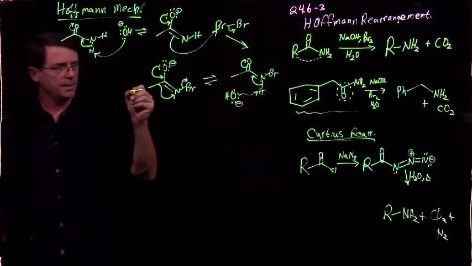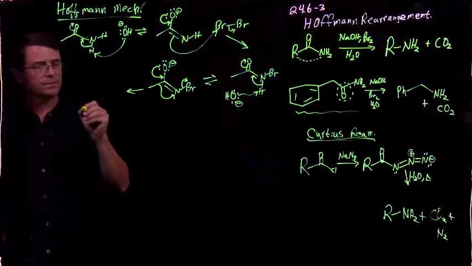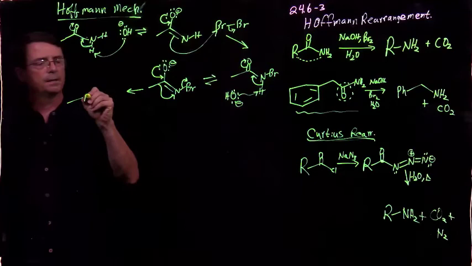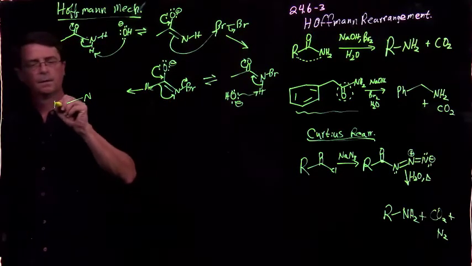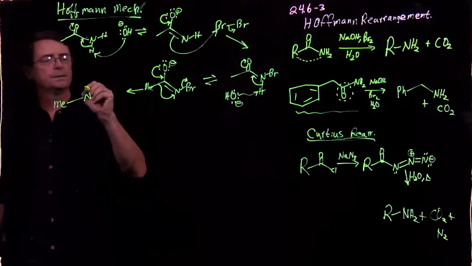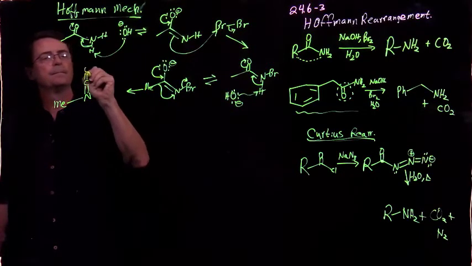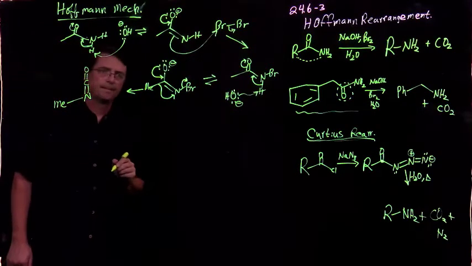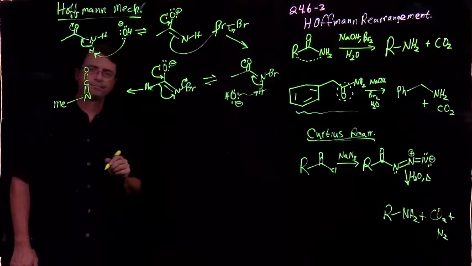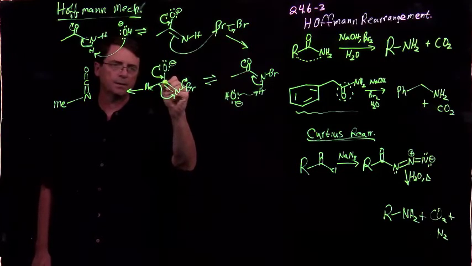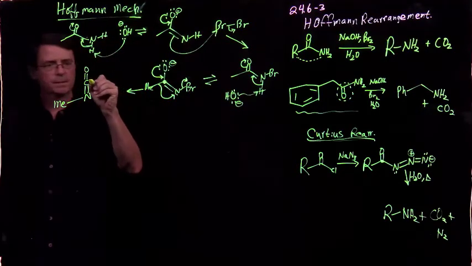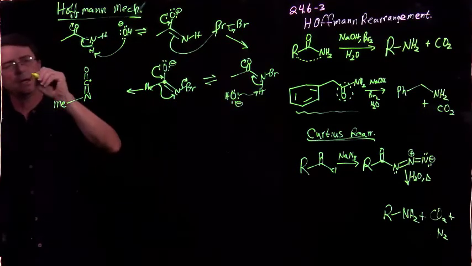And so what does that produce? That is an irreversible step, and it puts the methyl group on the nitrogen. Remember, this bond went to here, so the nitrogen is still bonded to this carbon, which is this carbon. This is an isocyanate.